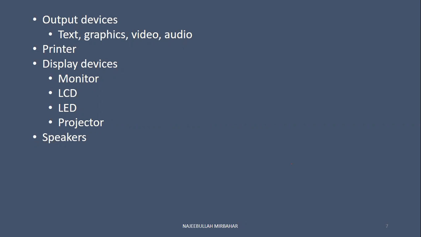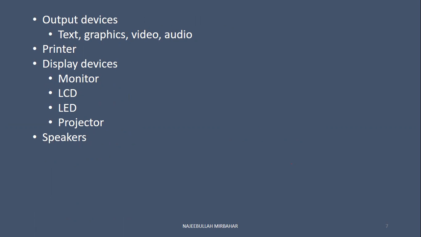The first output device is the printer. Basically, a printer converts the electronic book, an ebook, into a hard copy. A hard copy is a physical touchable copy of any document.